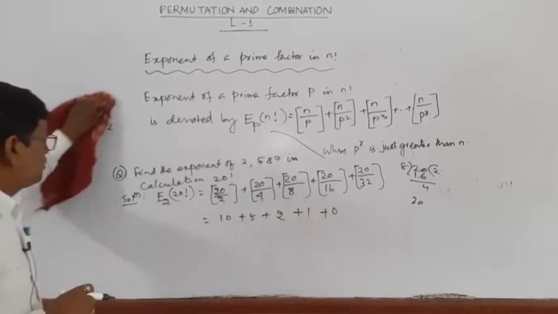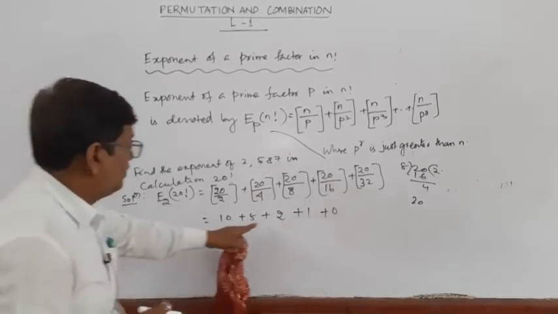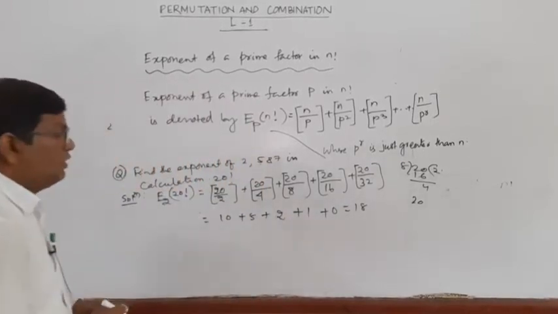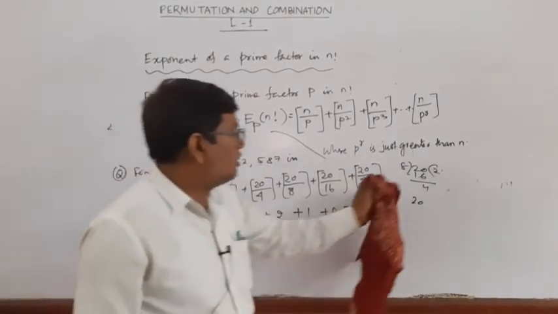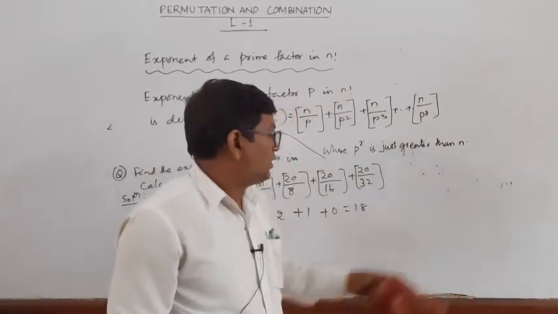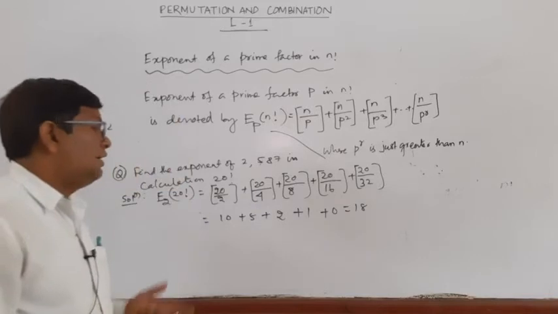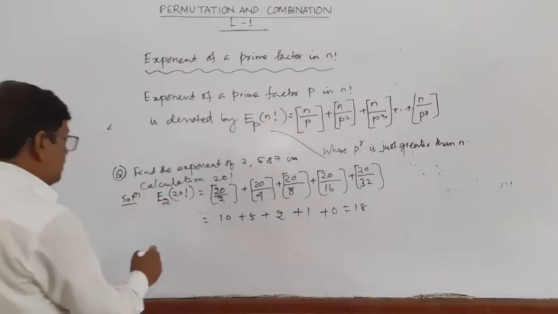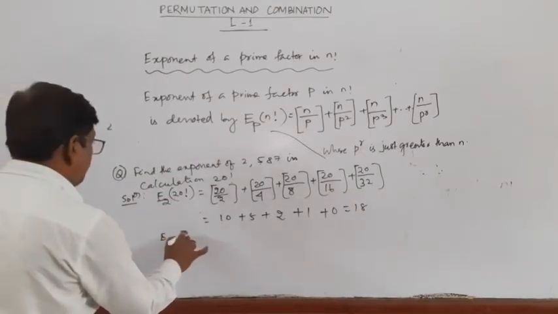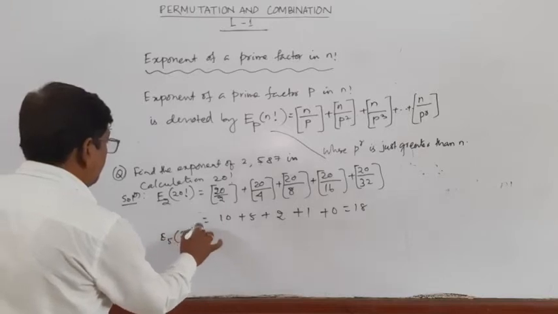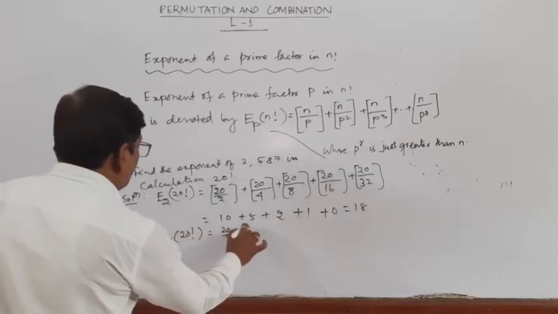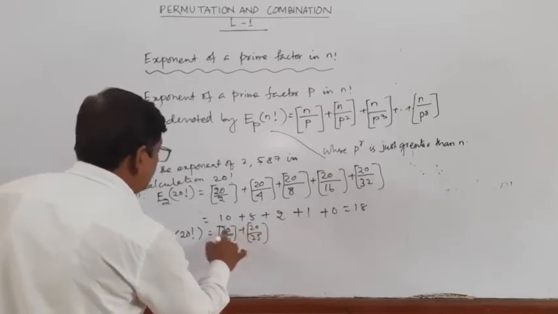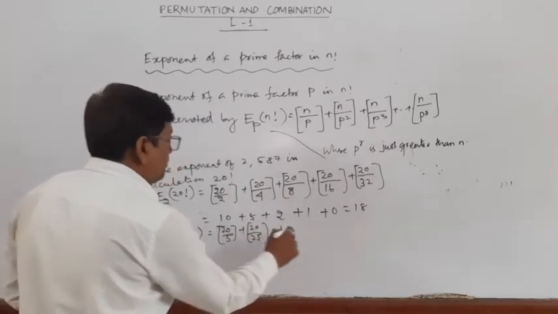So here we have 10, 5, 2, 1, which sum to 18. So E2 is equal to 18. If we calculate 20 factorial, we get 2 to the power 18, so the exponent of 2 is 18. Similarly, the exponent of 5 in 20! is [20/5] plus [20/25], stop here. This is 4, and the other is 0 point something, so 0.